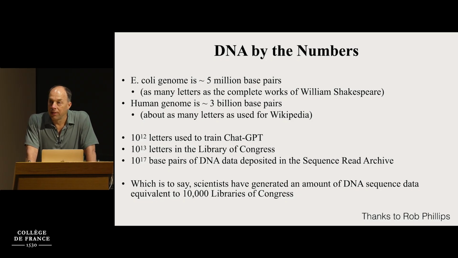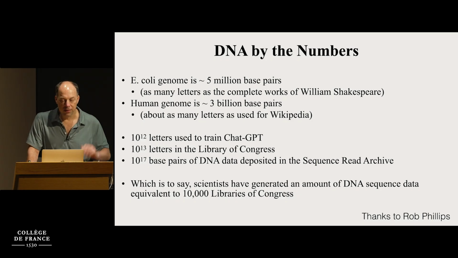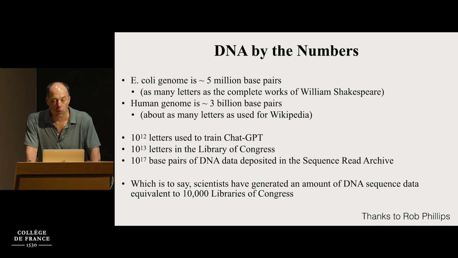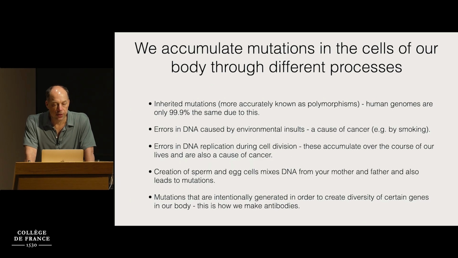If you look at his lecture from Collège de France a couple years ago, he does the derivations of these numbers in more detail, and in a recent lecture at the Simons Foundation, which is also available online. Okay, so that's roughly the scale of the amount of information it takes to specify an organism from a single cell bacterium all the way up to a human. And we have this enormous amount of it now in databases and can think about it in different ways.